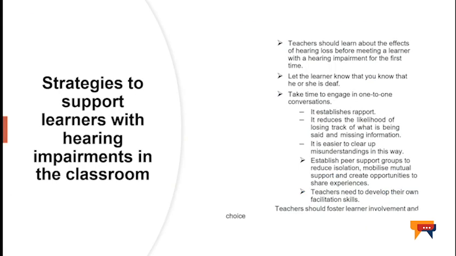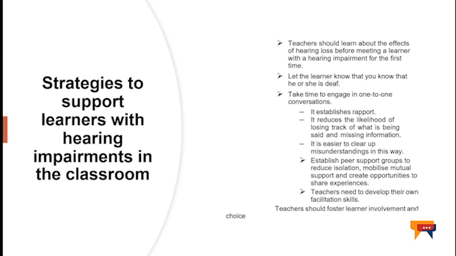And let's look at the strategies to support learners with hearing impairment in the classroom. Teachers should learn about the effects of hearing loss before meeting a learner with a hearing impairment for the first time. Let the learner know that you know that he or she is deaf.